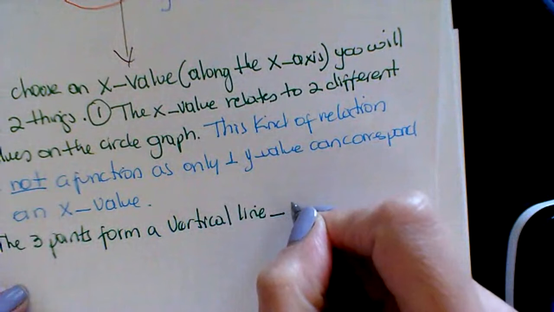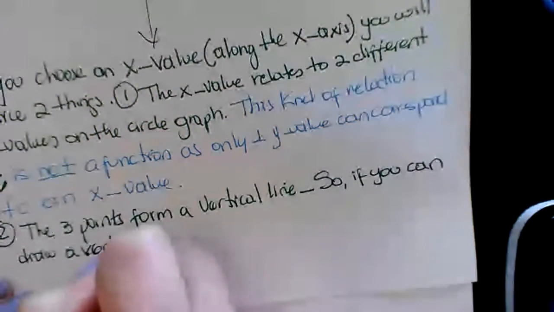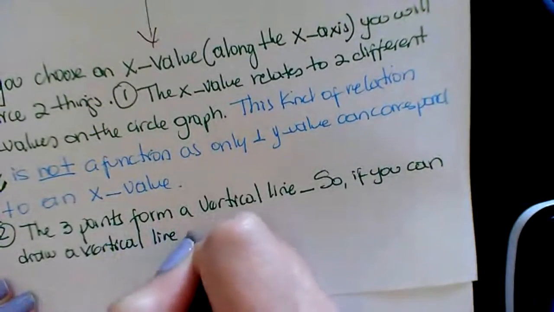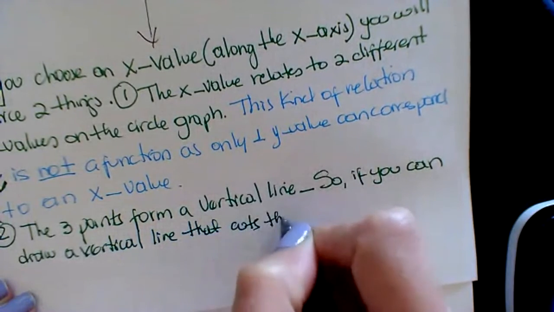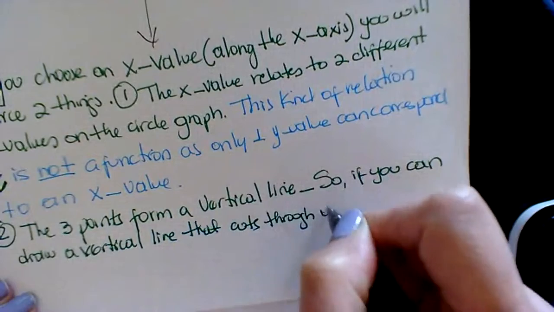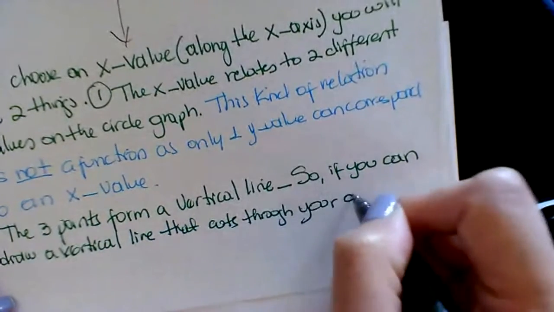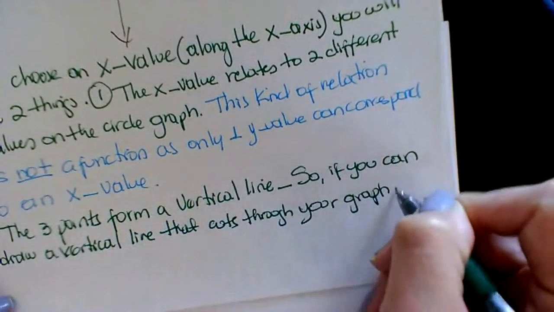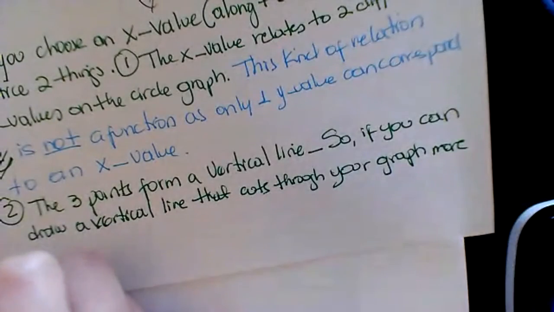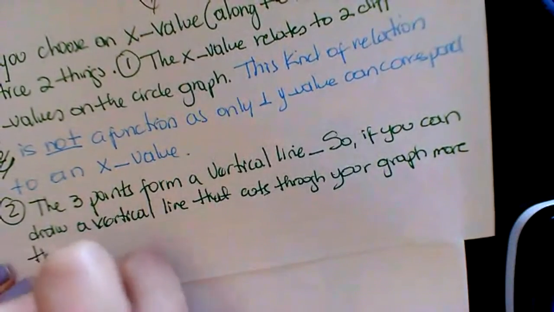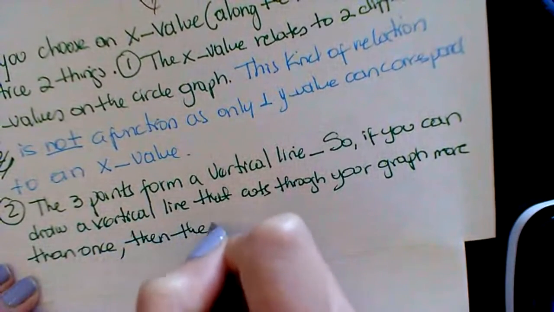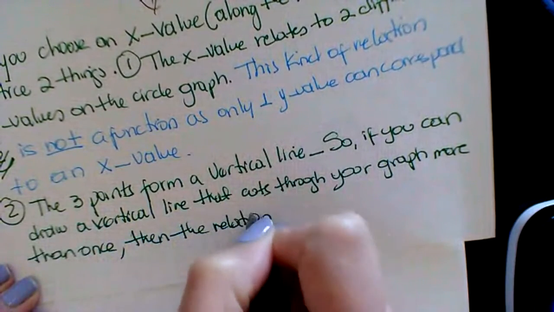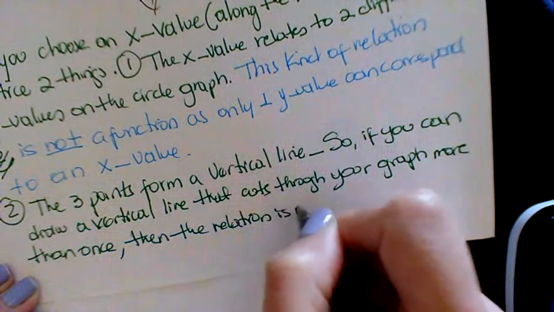So if we can draw a vertical line that cuts through your graph more than once, then the relation is not a function.